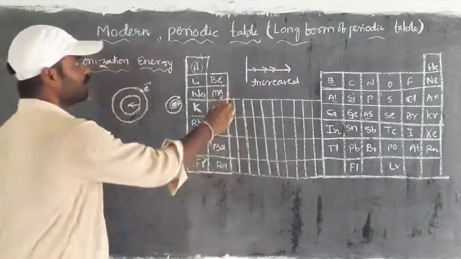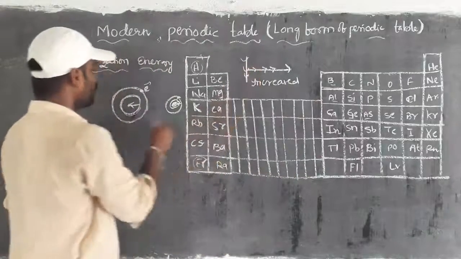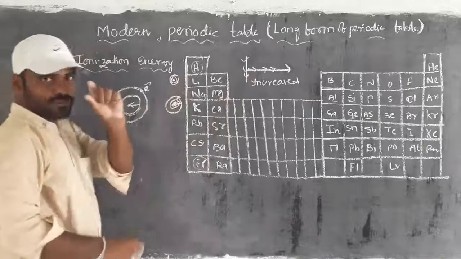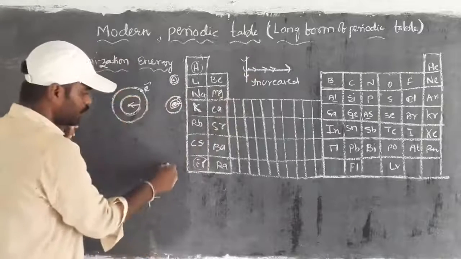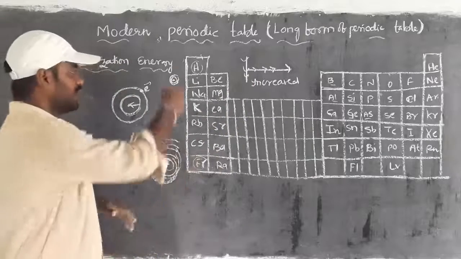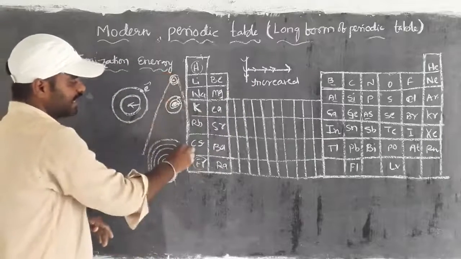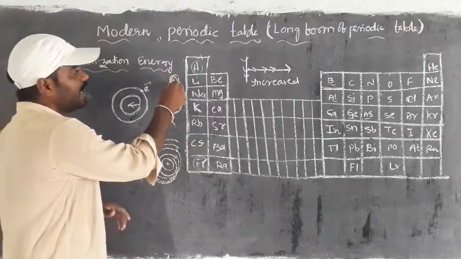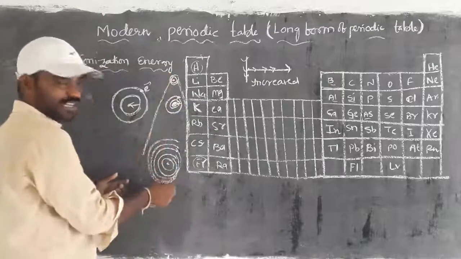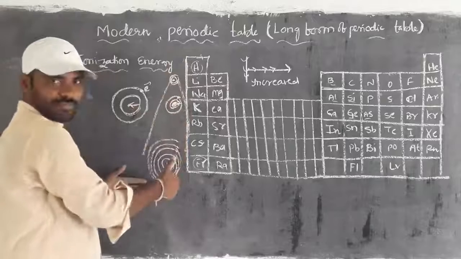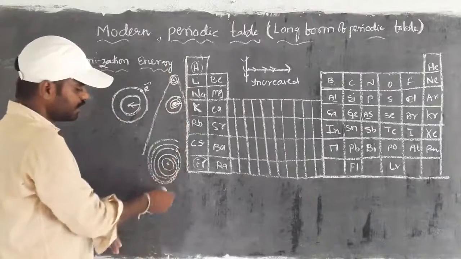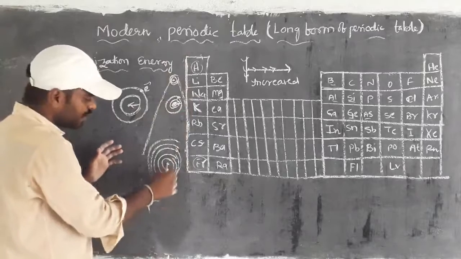Then if you come to the groups, in groups the first element is small in size, and as you come to the last one the size increases. In the first element, to remove the electron we have to give more energy, but in the last atom of the group, removing the electron is easy, because the size is bigger and the nucleus attraction force is less.